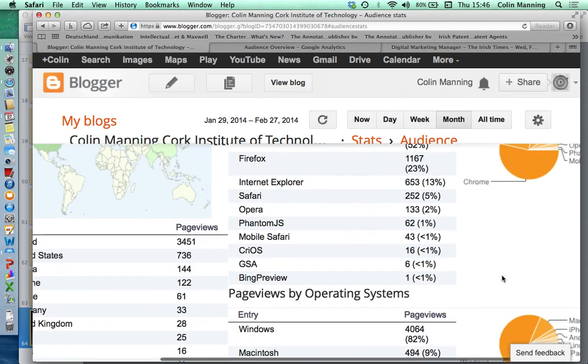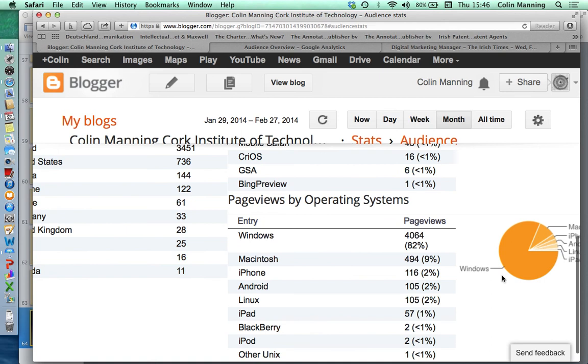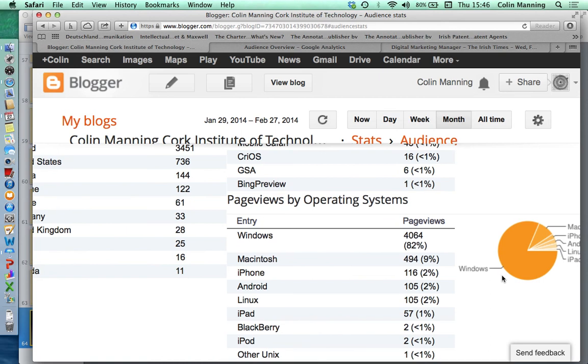I was surprised also, well, I suppose not that surprised. So most of the labs, all the labs you use are Windows machines, so you'd have 82%. That's fair enough. If you look there at iPhones and iPads, for example, you can't view Flash on an iPhone or an iPad. So if I was teaching some really complex subject and I was going to devise these super cool interactive learny yoke-imajigs in Flash.